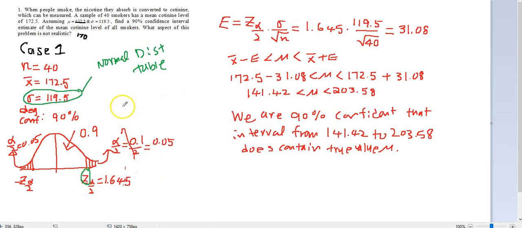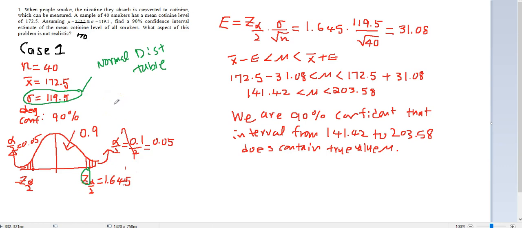If you are estimating population proportions, you're going to use a normal distribution table, so you will use a Z again. And if you are estimating population standard deviation, then you're going to have to use the chi-square distribution, and this becomes chi-square alpha over 2, which you get from the chi-square distribution table.